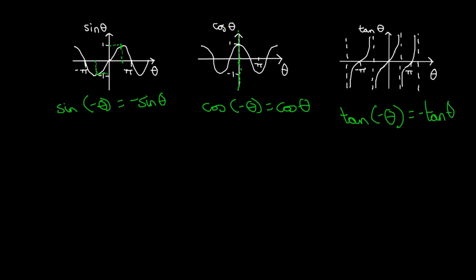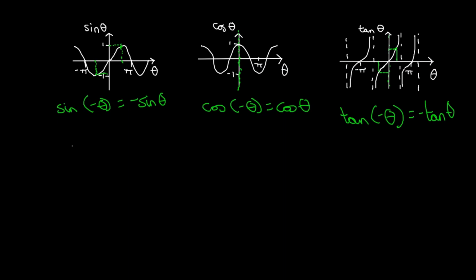So if you have an angle here, let's say pi over 3, then opposite the vertical axis you have this angle's value on the y-axis, and it will be the negative of that. So the symmetry runs across the x and the y.